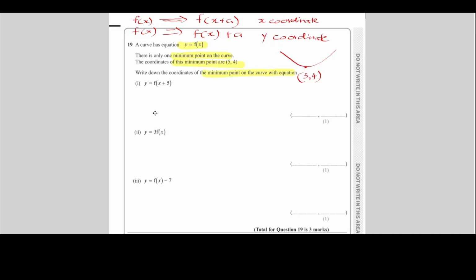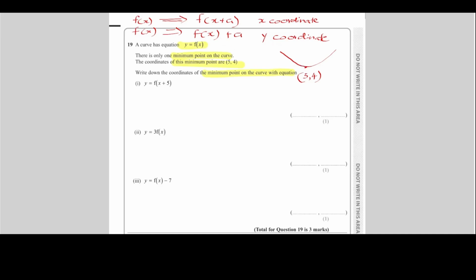It has been translated in this case because this is addition. As soon as you spot an addition sign, it is translation. It means the curve has been shifted either upwards, downwards, or forwards, backwards. Now in this case, the curve has been shifted backwards because this is addition for the x coordinate. Inside the bracket, for the x coordinate we need to subtract, meaning the x coordinate gets reduced, so the curve gets moved backwards.